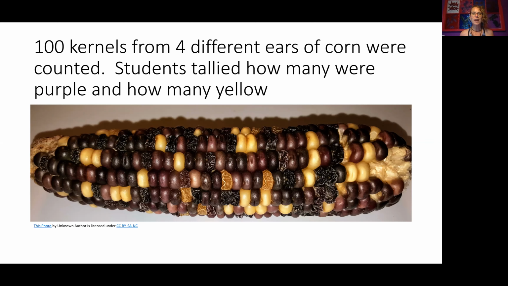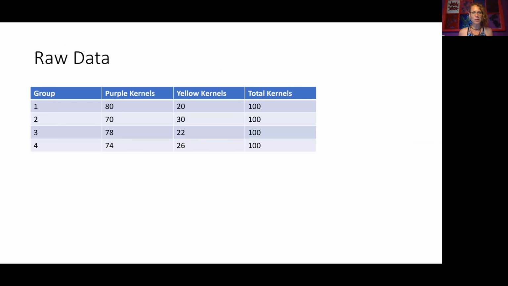That's what we're going to do next, I've done that for you. So here is our raw data if we had 4 groups like we would have during class. Here we did the count with 4 different ears of corn, and these are our totals. You can see how many purple, how many yellow. We did 4 ears of corn, 100 kernels per ear, so we counted a total of 400 kernels here.